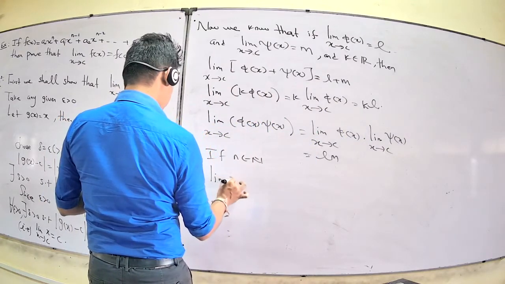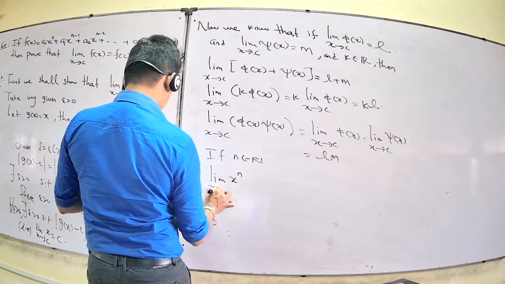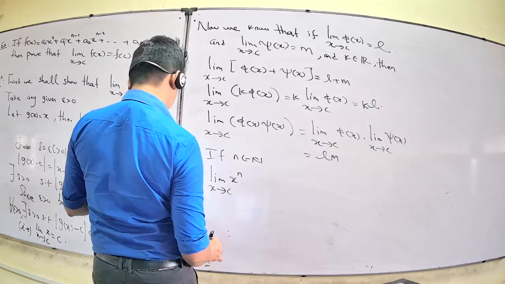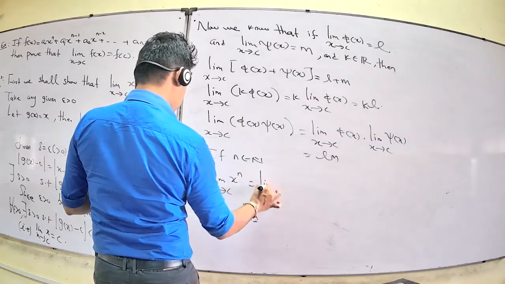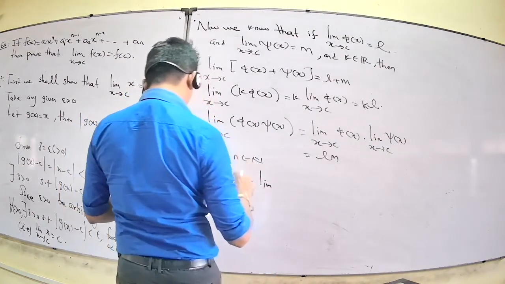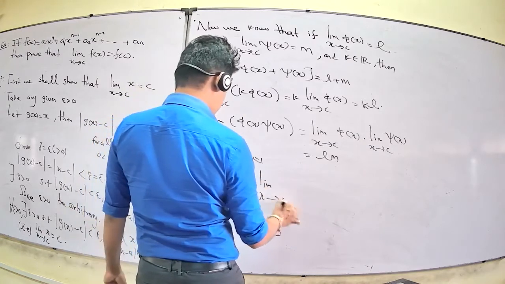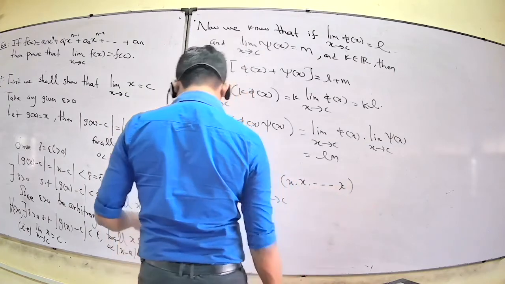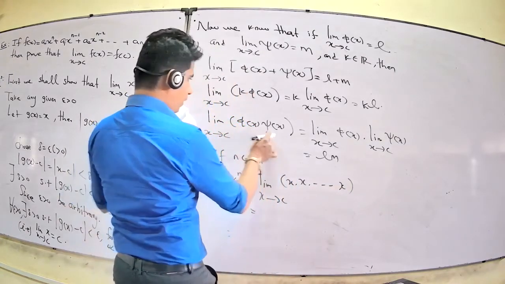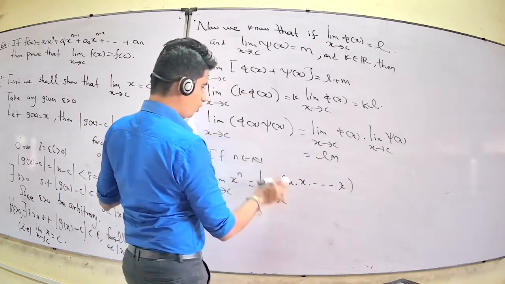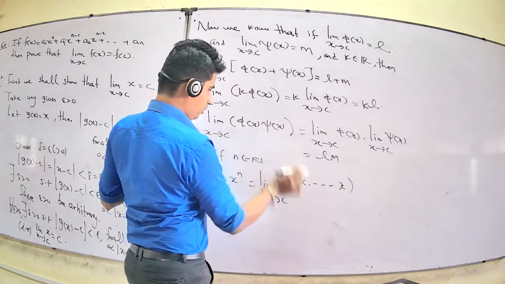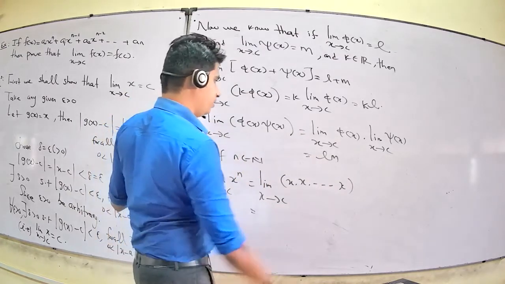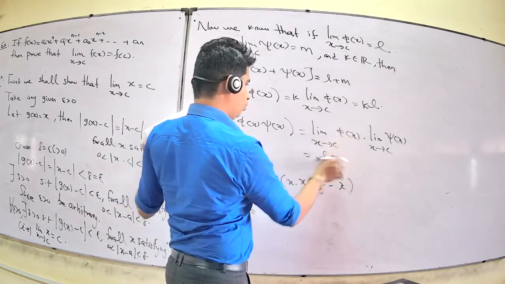The limit of x^n, x tends to c, you will write x^n as x times x times x and so on, n times. Here, two functions: phi is x, psi is x, like that, n functions of x. Therefore you take the limit LM for two functions.